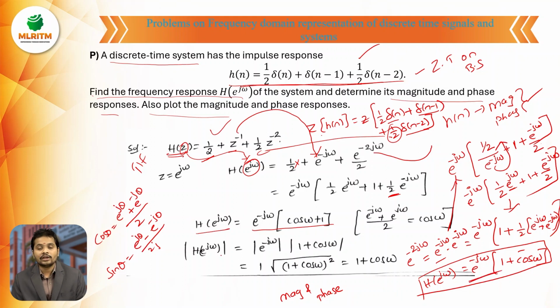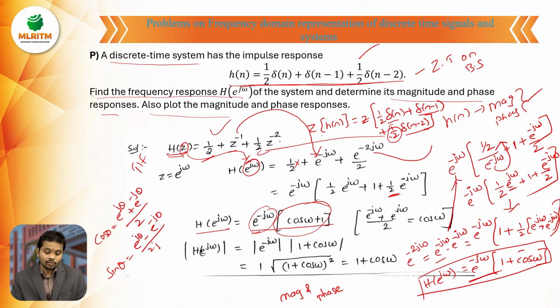I am applying the modulus to this term to find the magnitude response: modulus of e^(-j omega) into modulus of (1 + cos omega). If the terms are in a product, you multiply the magnitudes, while for the angle you add.